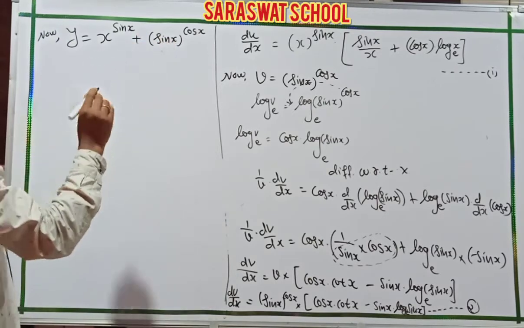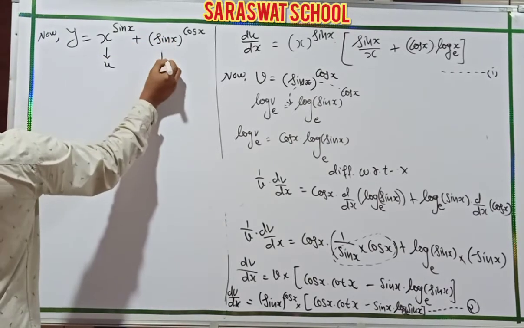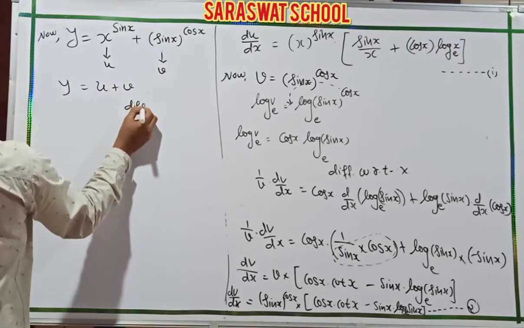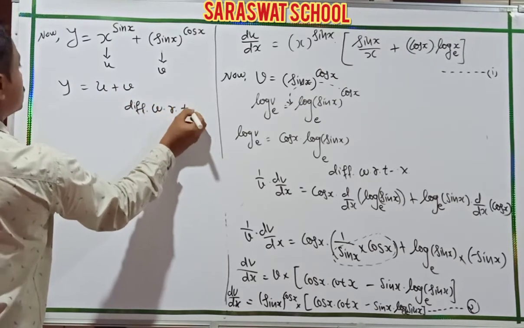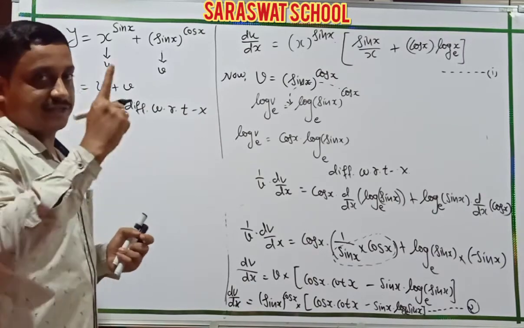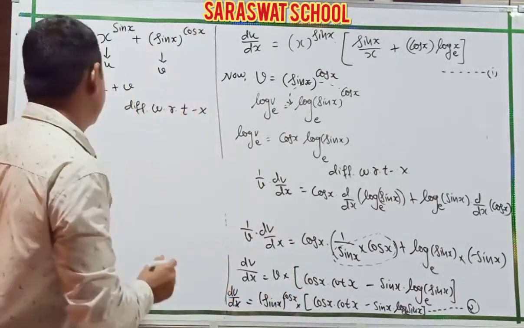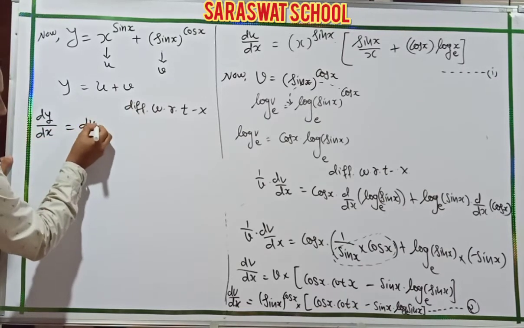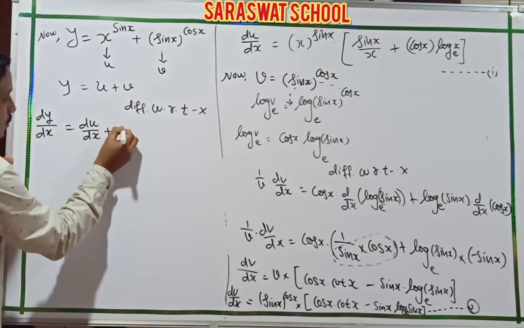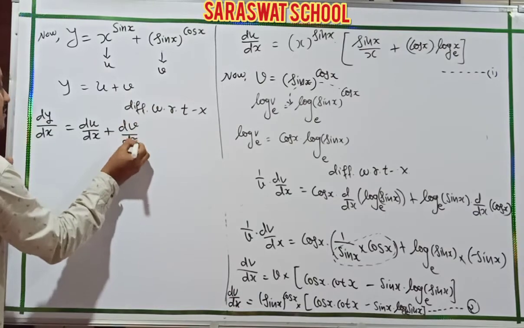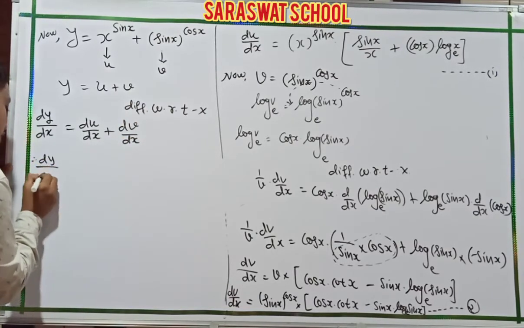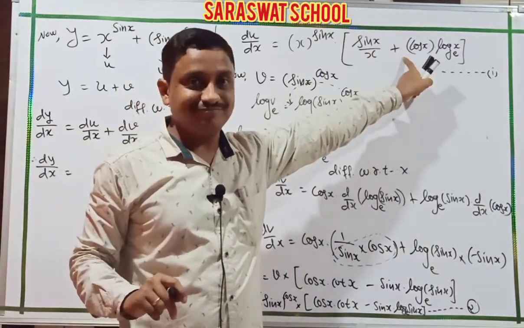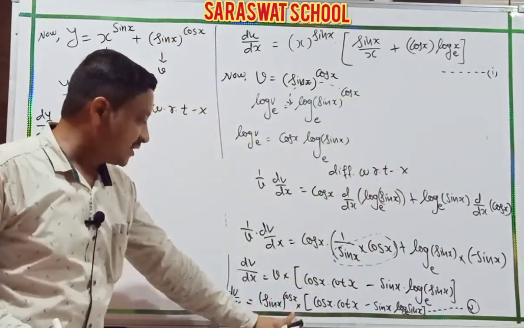Here I already assume u and v, so y is equal to u plus v, and differentiation with respect to x. And here finally dy by dx, which is du by dx plus dv by dx. So you just put the value of du by dx from equation 1, and dv by dx is this.